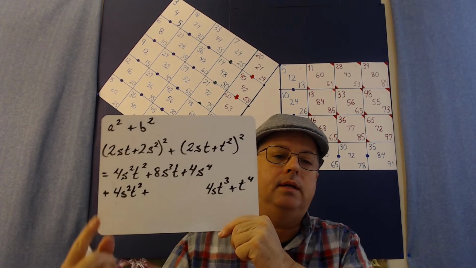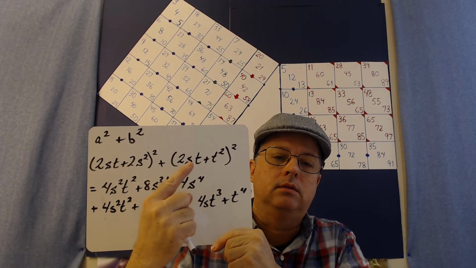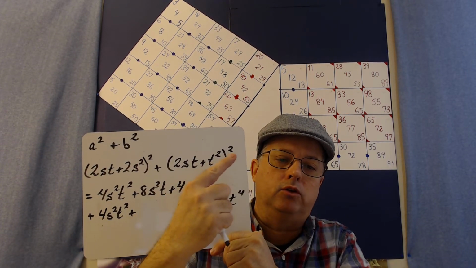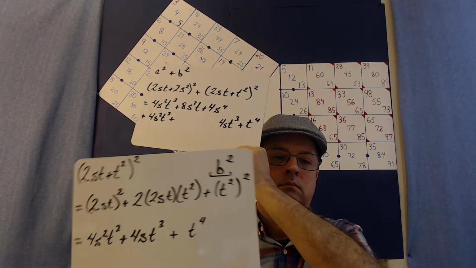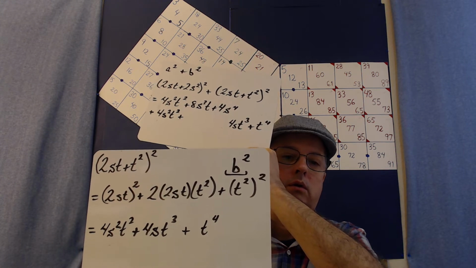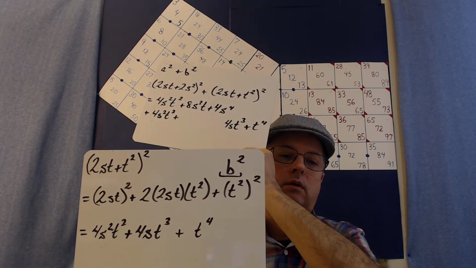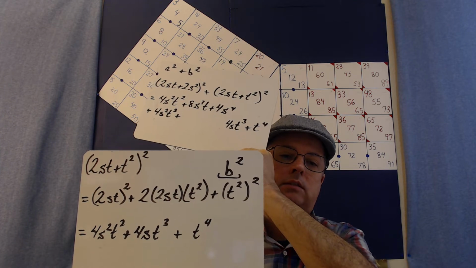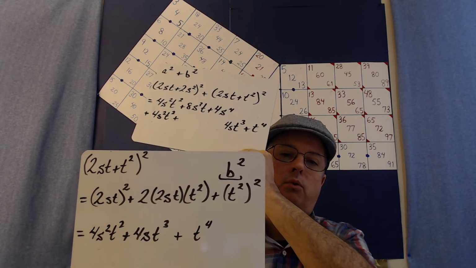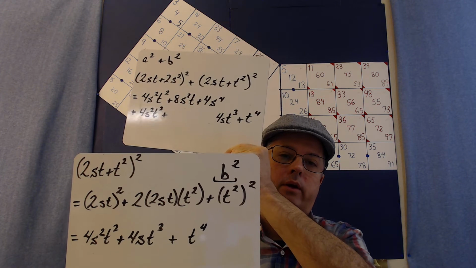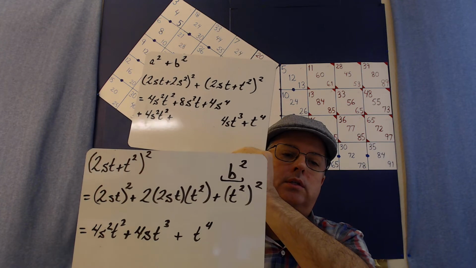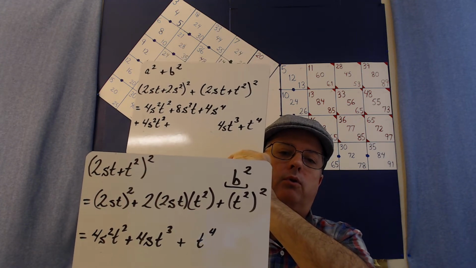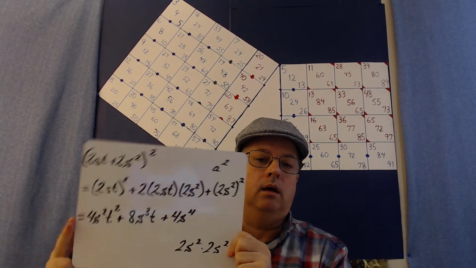Okay, so when we did b squared, that's the 2st plus t squared squared, we got that lower slide there, 4s squared t squared plus 4s t to the third plus t to the fourth. And that's what I've written down here in the upper slide. And I just put the 4s squared t squared underneath the previous 4s squared t squared that we did get when we expanded a squared.